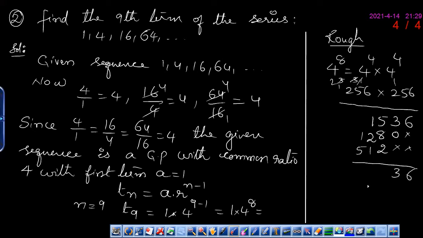When you add, you will get 65,536. So the value of the ninth term is 65,536. Very good, Snigdha.